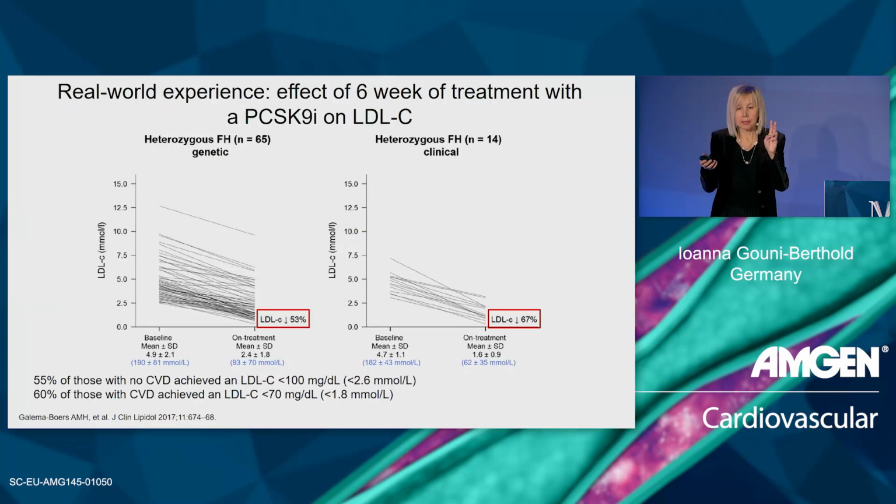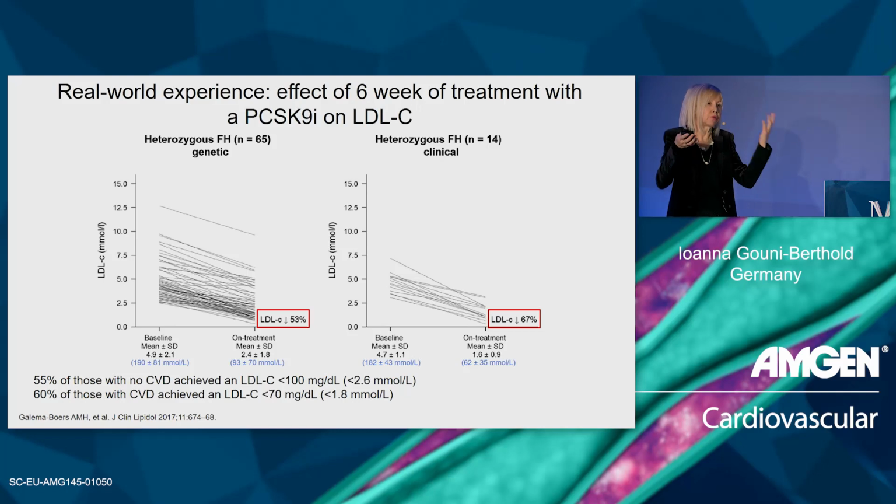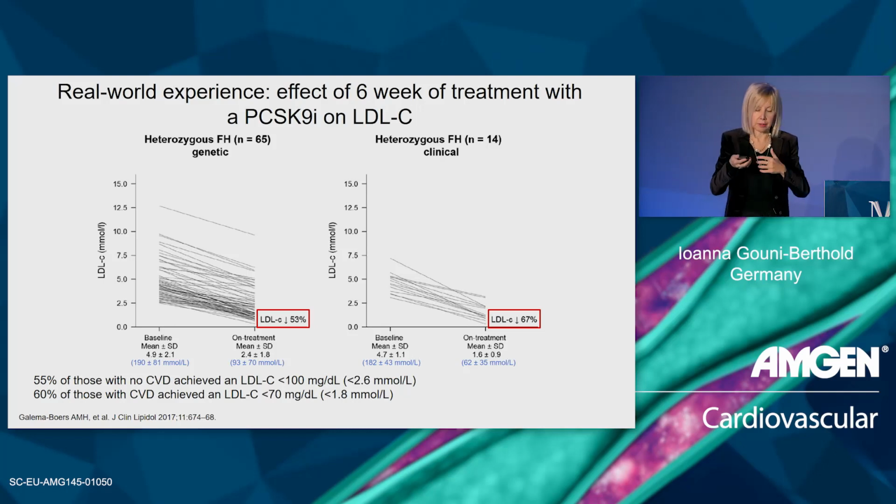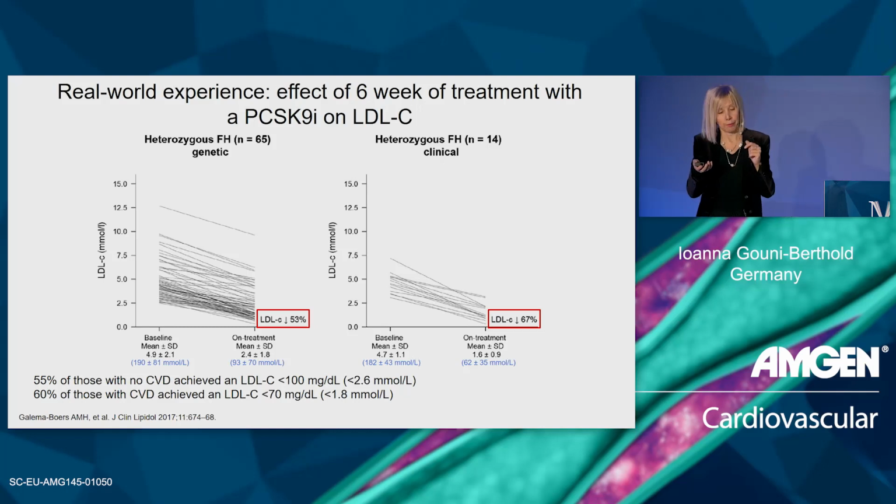And now 2 slides on real life, because of course studies are wonderful and everything looks better in a study than in the real world. And this is from the Netherlands. They examined FH patients, 65 genetically diagnosed, 14 clinically diagnosed, that received PCSK9 inhibitors in real life, in a university hospital.